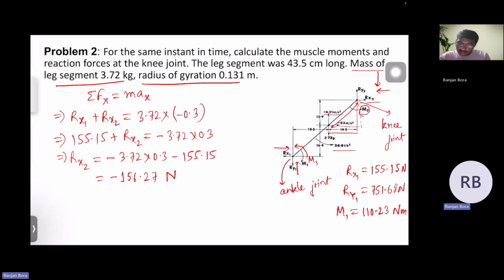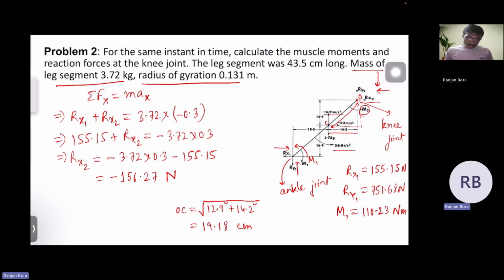So we can apply the Pythagoras theorem, or we can write this as O and this as C. OC is the square root of 12.9 square plus 14.2 square, which will be 19.18 centimeter.